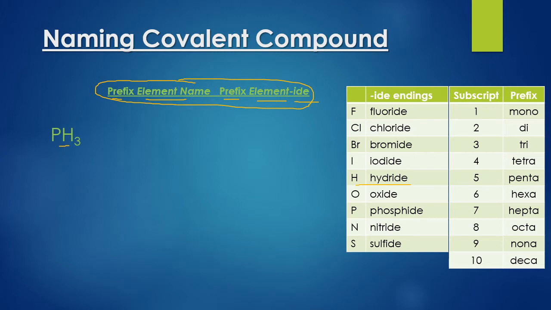So it's not going to be monophosphorus, it's just going to be phosphorus. The second element present, hydrogen, will be tri, because there's three of them, hydride.